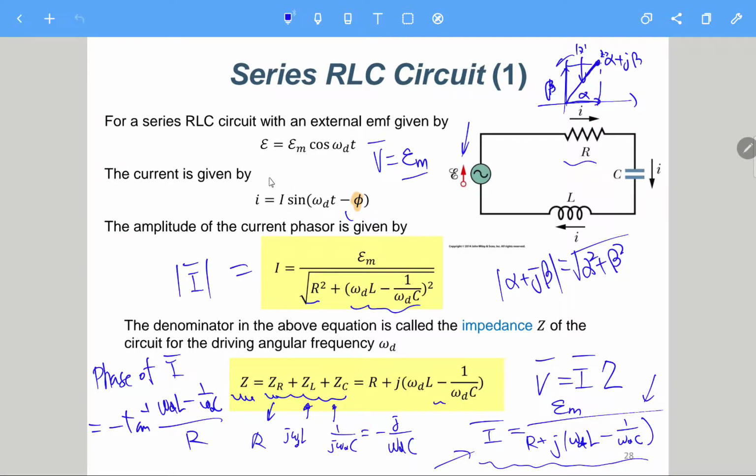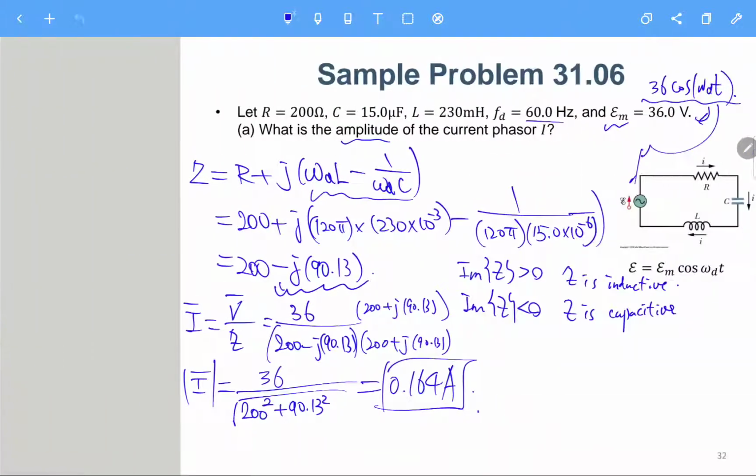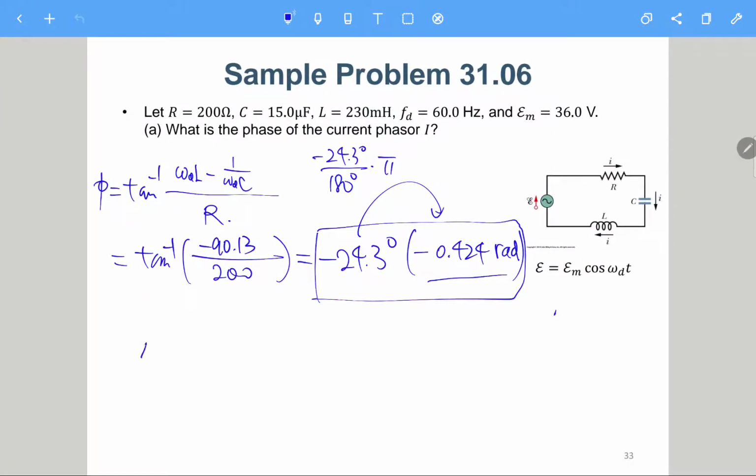So finally, we can find that I is nothing but this one, which means that I has the expression I cosine omega_d t minus phi, something like this. Which means that I is the amplitude and this is the phase. We already defined it.